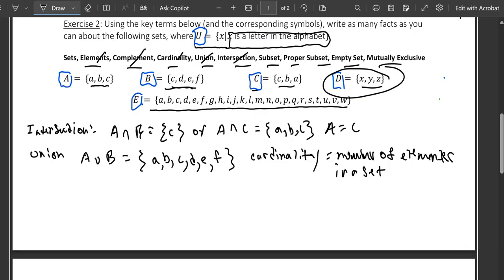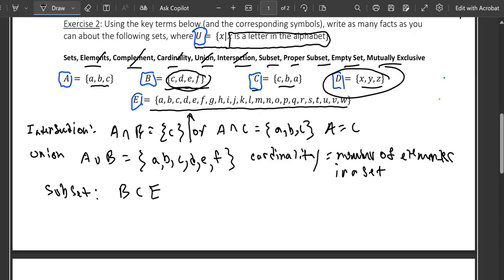Let's take a look at B. B has 4 elements, D, E, and F. Let's write subset. Isn't B a subset of E? Because all these elements in B exist in E, but E even has more than what B is, right? So that's a subset. It exists in E, correct? But it's also smaller than E, kind of like that A circle you see within B, or B circle in A earlier on the Venn diagrams.